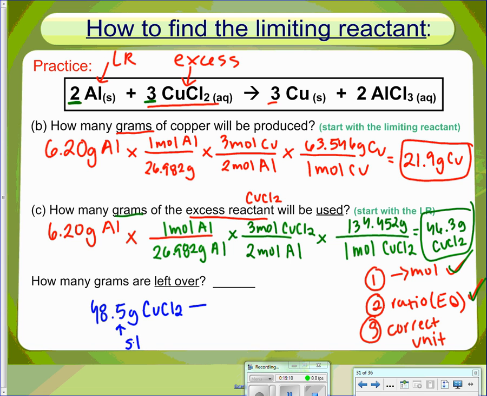So this is what we started with. I'm going to subtract how much I just used, which is what I just figured out, the 46.3 grams of copper 2 chloride used, and that'll give me what I have left over. And what I find out is I have 2.2 grams that are left over.